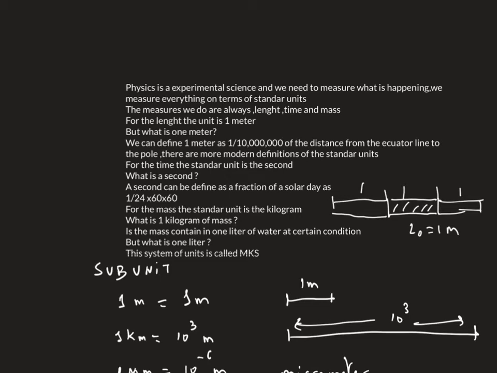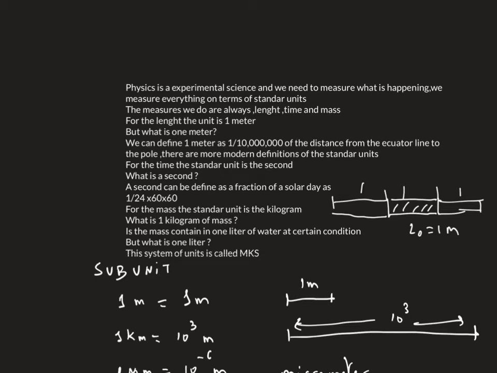And what is the definition of 1 meter? One definition, for example, is that 1 meter is 1 over 10 million of the distance between the line of the equator and the pole of the Earth.